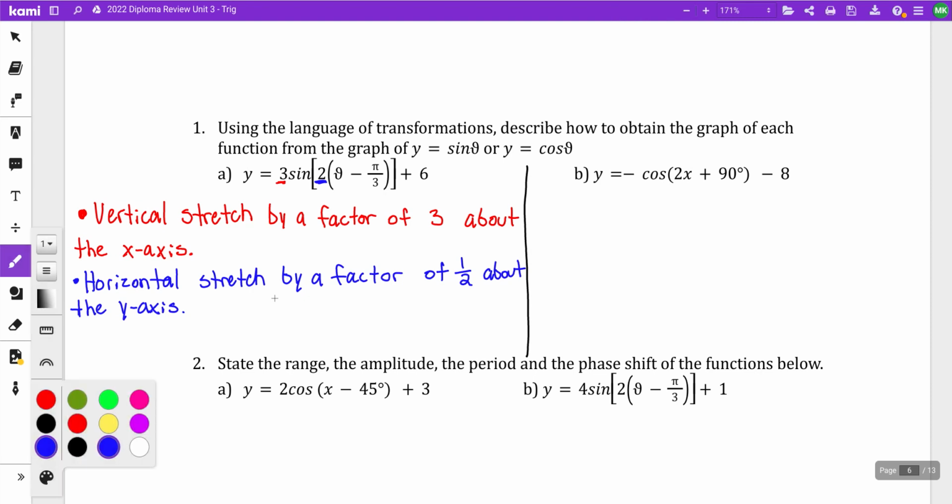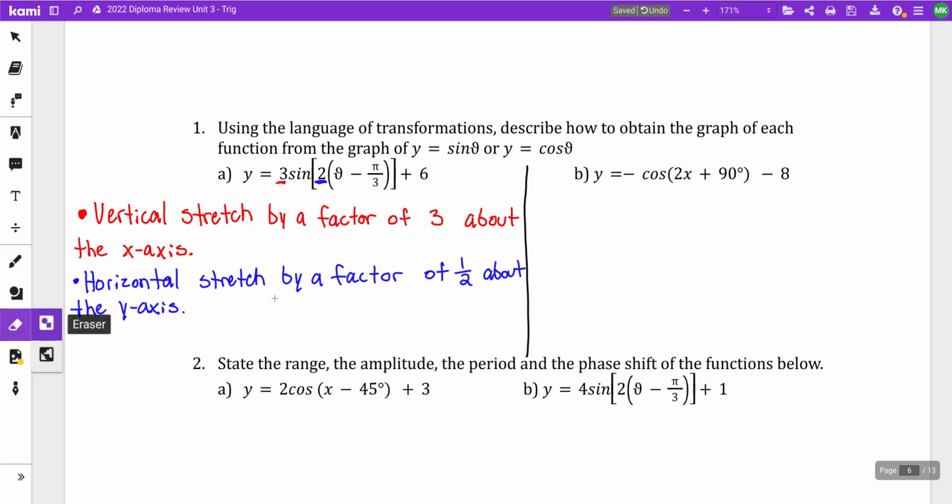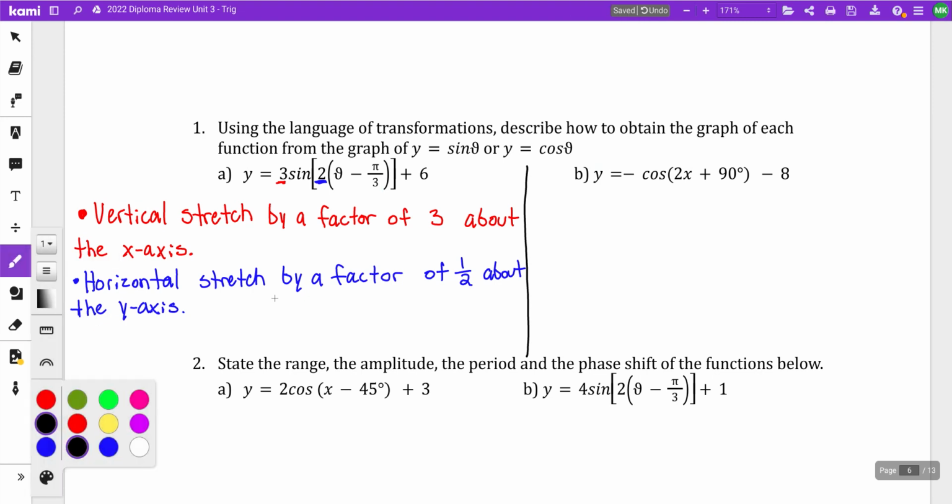My next one. I have a pi over 3 there. I don't want to do that in blue. I already used blue. I'm going to do it in green. It's inside the brackets. That tells me it's a horizontal transformation. What transformation is that pi over 3? It is a horizontal translation. Okay, so meaning left to right.